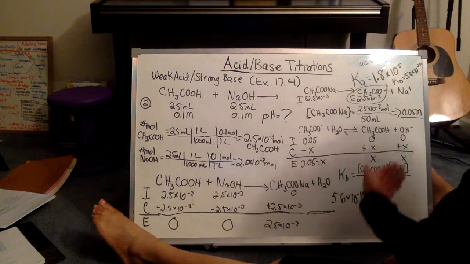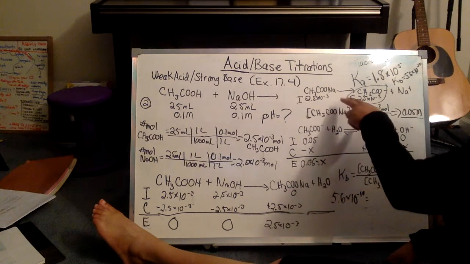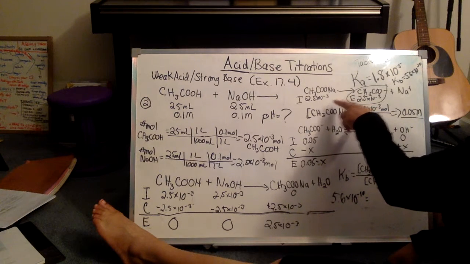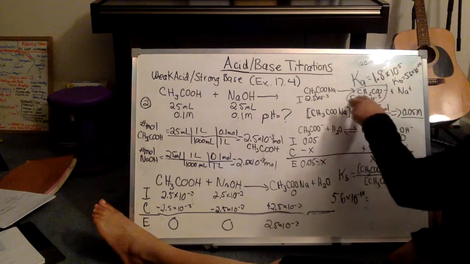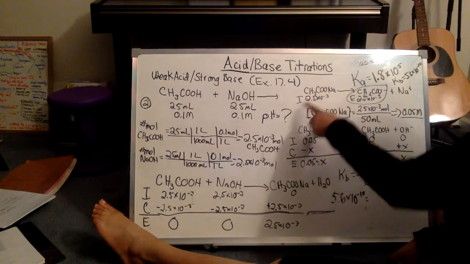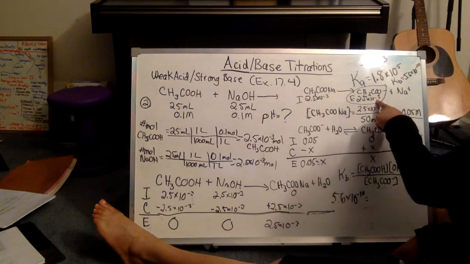And so how we do that is we take, first of all, we know that the equilibrium concentration of the conjugate base is 2.5 times 10 to the minus 3 because we had the initial concentration from the salt from here. So that forms here because it completely dissociates.